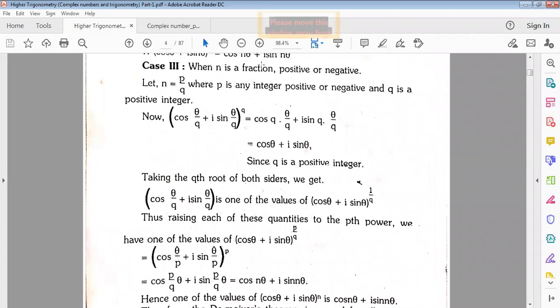Now for the third case, if n is a fraction, positive or negative, fraction meaning a numerator-denominator type number. Let n be p by q, a rational number, where p is any integer, positive or negative, and q is a positive integer. Then we get (cos theta by q + i sin theta by q) to the power q equals, by case 1, theta by q multiplied by q, just cos theta + i sin theta, where q is a positive integer.